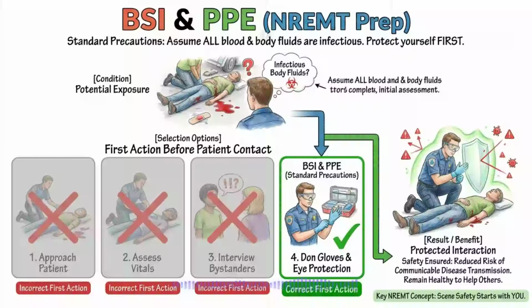Closely tied to scene safety is the concept of body substance isolation, commonly referred to as BSI, and the use of personal protective equipment, or PPE. As an EMT, you must assume that all blood and body fluids are infectious, which is a concept known as standard precautions.